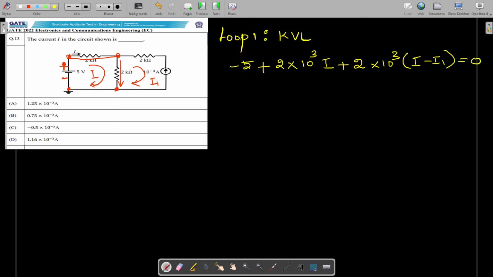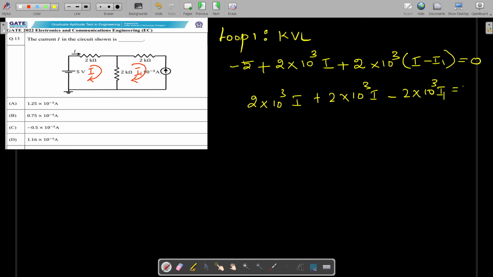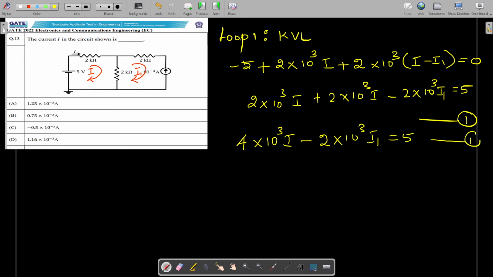No more elements are present. So it is 2 into 10 power 3 I plus 2 into 10 power 3 I minus 2 into 10 power 3 I1, equal to 5. Rewriting, 4 into 10 power 3 I minus 2 into 10 power 3 I1 equals 5. This is our first equation.